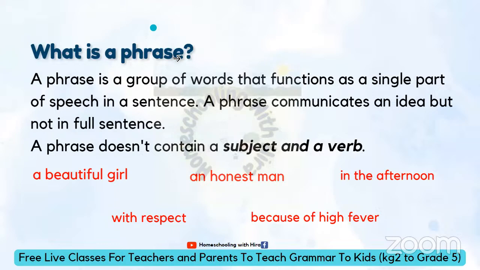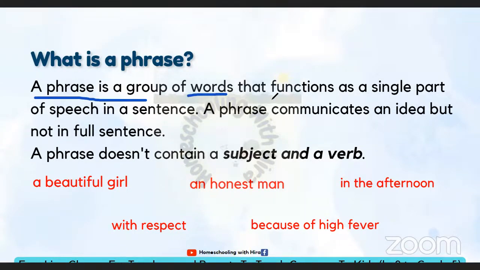What is a phrase? A phrase is a group of words that functions as a single part of speech in a sentence. You know that we have 8 parts of speech if you include determiners and adjectives. ठीक है, हमारे पास 8 parts of speech होते हैं. तो what is a phrase?